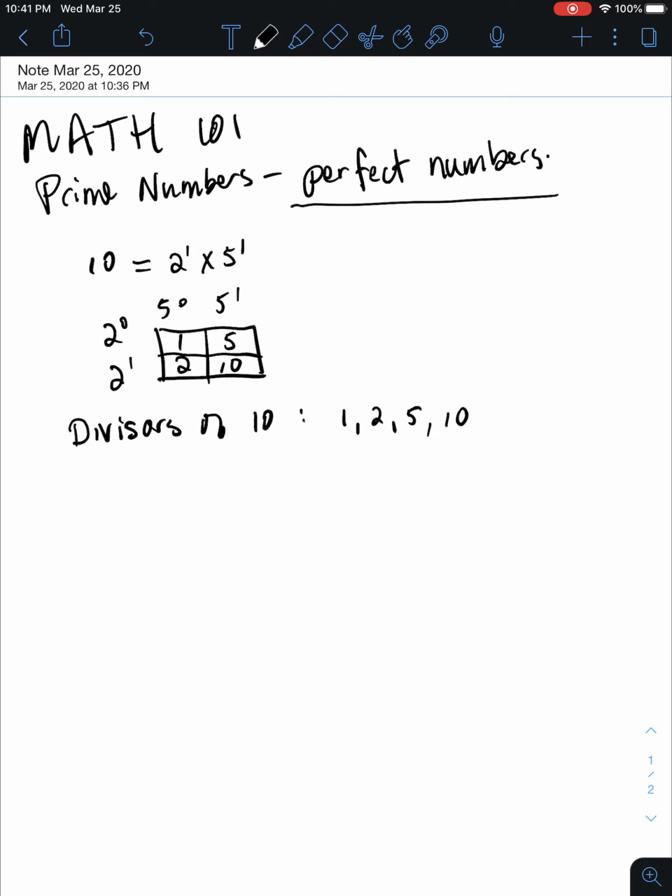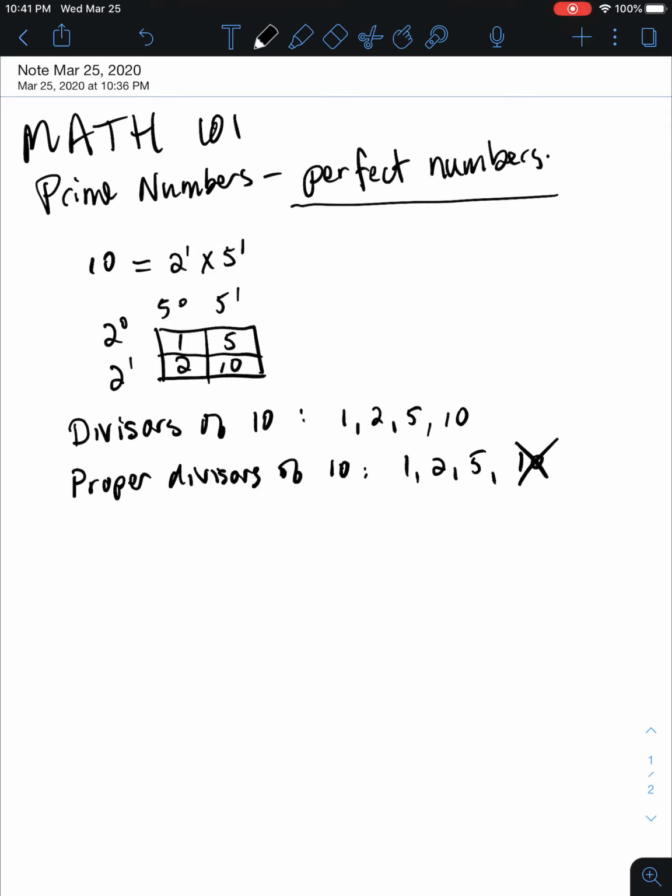Now we're going to introduce a very simple additional concept, the proper divisors of 10. And those would be 1, 2, 5, and not 10. So proper divisor means every divisor except the number itself. When I'm talking about the number 10, 10 is a divisor of itself, but it's not a proper divisor. So that's really just a very simple concept.